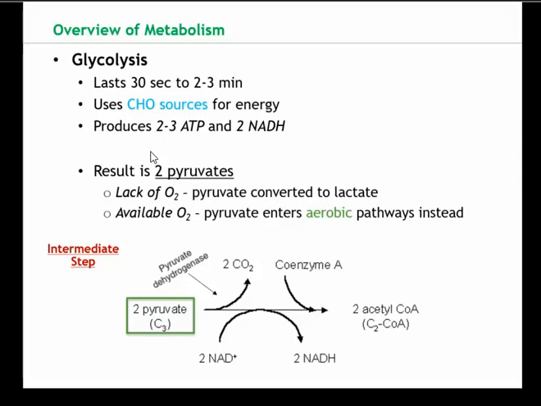So we exhale the 2 CO2s that are given off. With the 3-carbon molecule, we lose a carbon, 1 for each of them. It says 2, but remember we had 2 pyruvates. So each pyruvate lost a carbon and they combined with oxygen. So we have 2 CO2s that were lost.